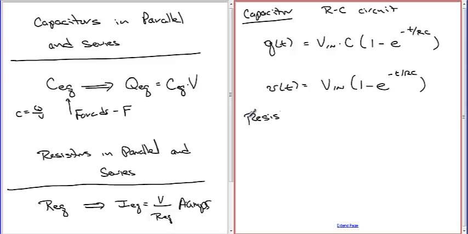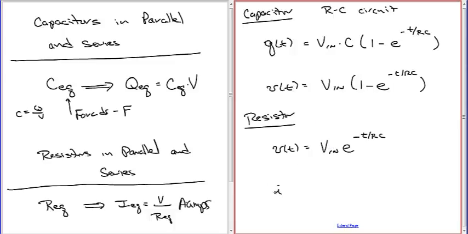And we did that by solving a first order linear differential equation. For the resistor, we have V of t, voltage across the resistor, which is the voltage that we supply, Vin, times e to the minus t over RC. So when t equals 0, you get the maximum voltage, and then when t goes to infinity, this goes to 0, whereas this one goes to Vin.